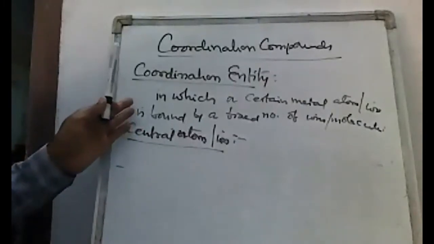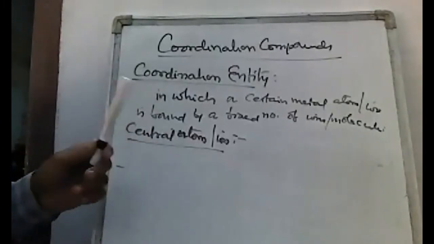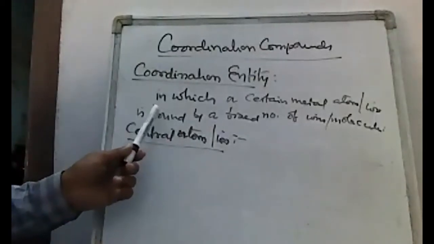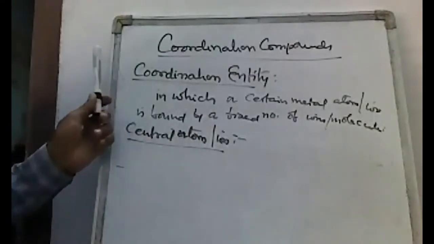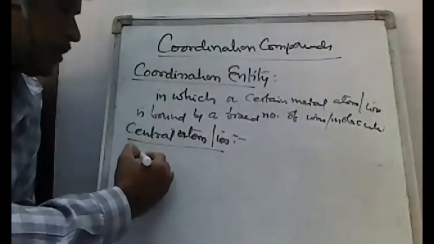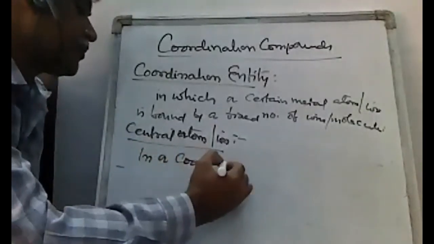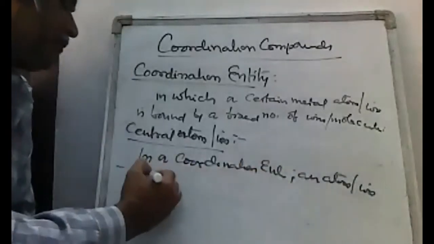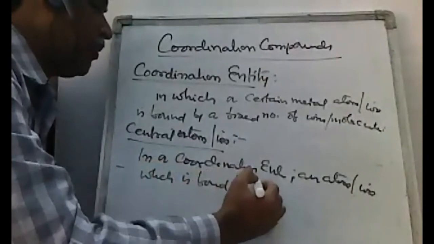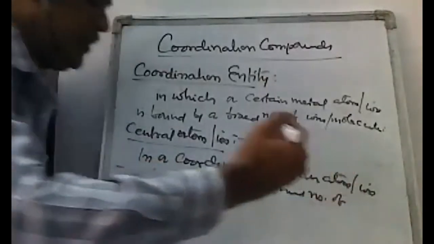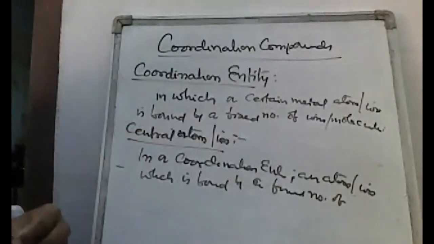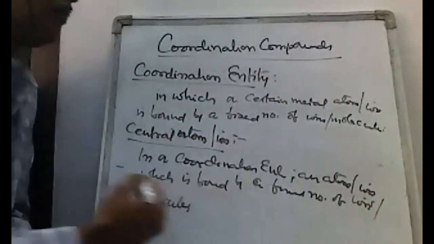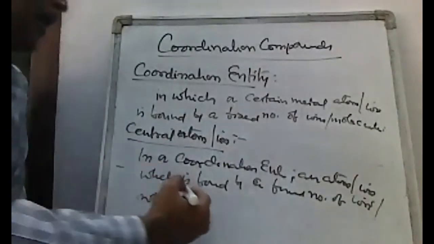The atom or ion to which a fixed number of ions or molecules are bound in a definite geometrical arrangement is called the central atom or ion.